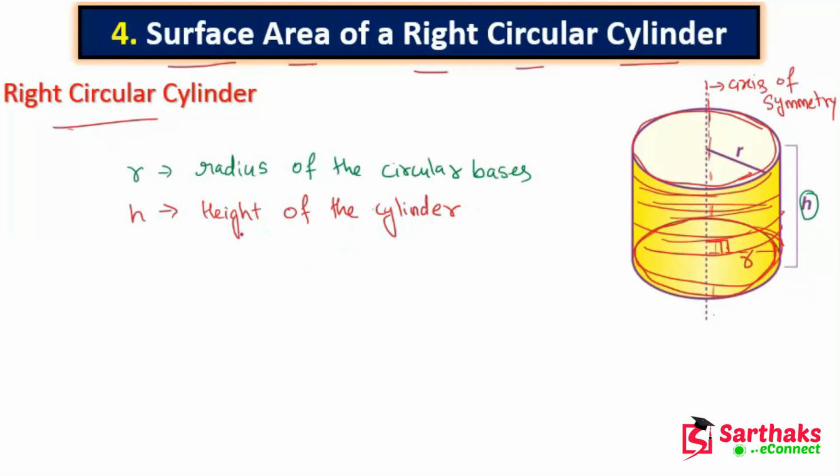Now move on. Let's talk about the parts of a right circular cylinder. If you observe this, there are three parts.